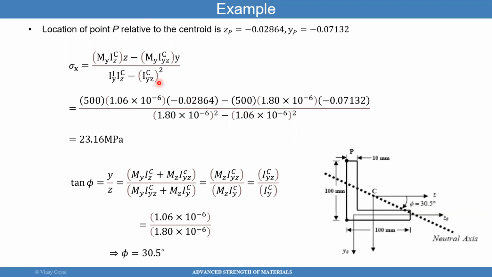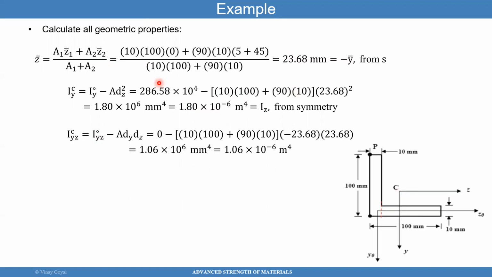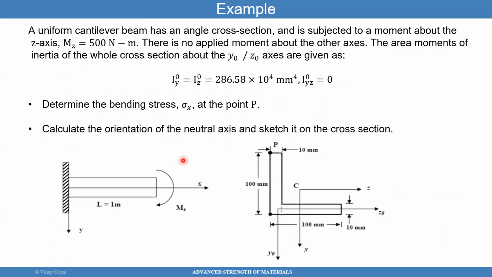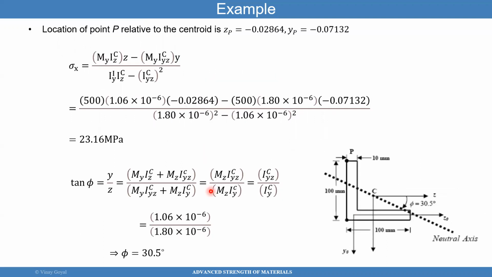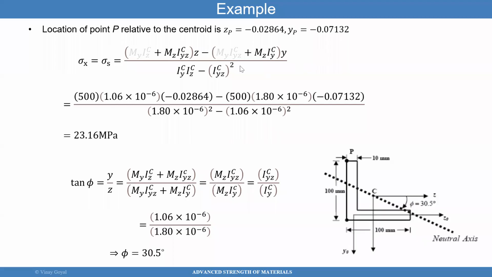So now that I'm able to do that, since the moment applied My is 0, only Mz exists, we can now calculate... so I actually corrected this.